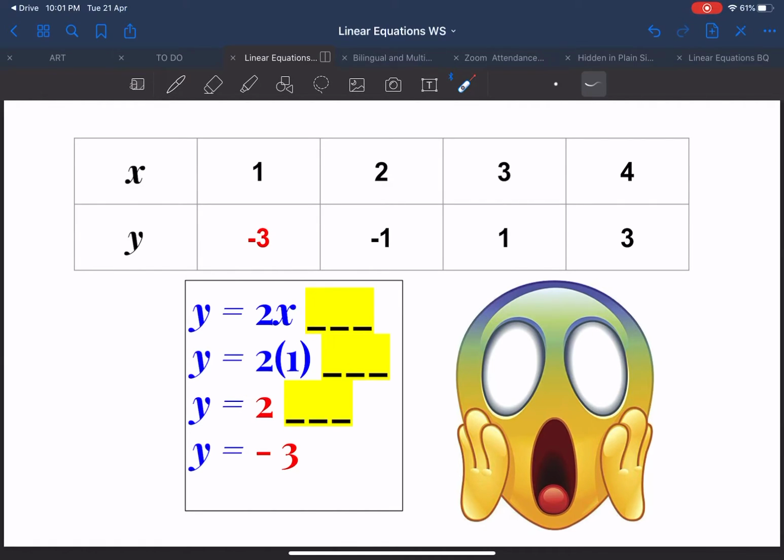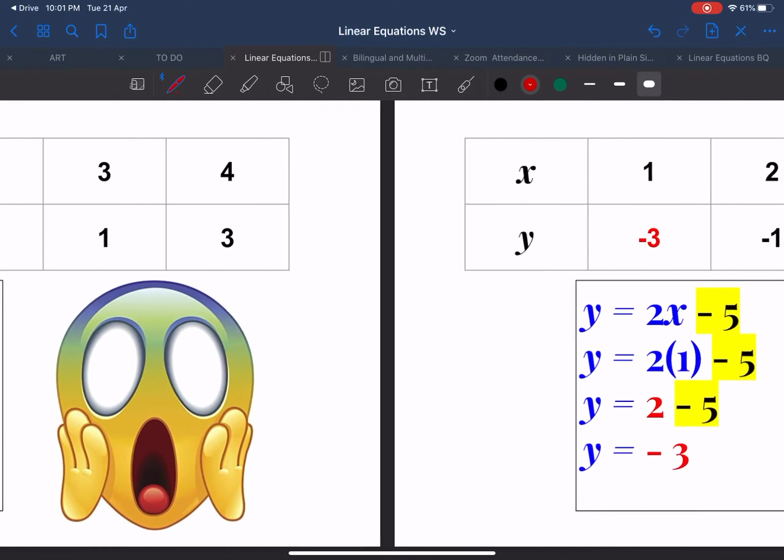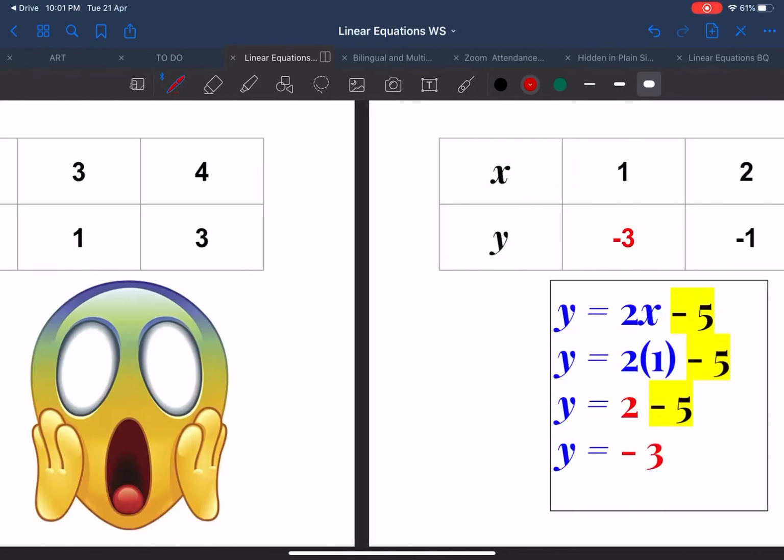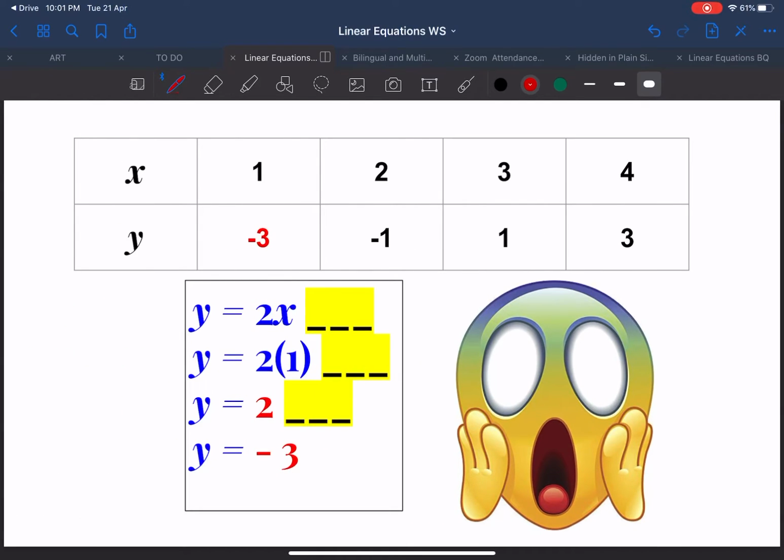I need to add something or subtract something so that it will equal negative 3. What could it be? I need to do a negative 5. So in order for 2 to become a negative 3, I need to subtract 5. So 2 minus 5 is negative 3.